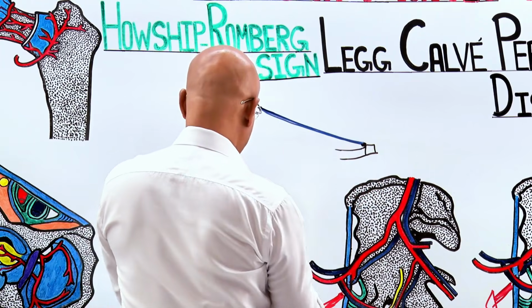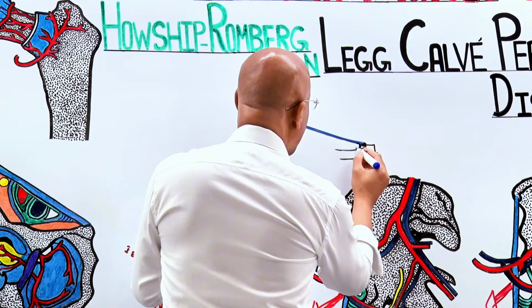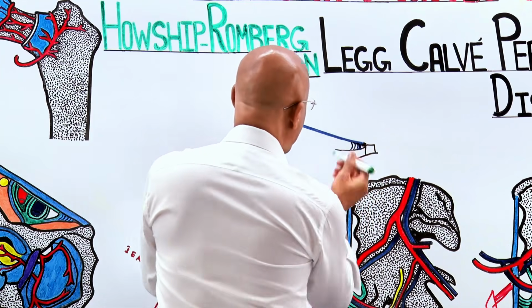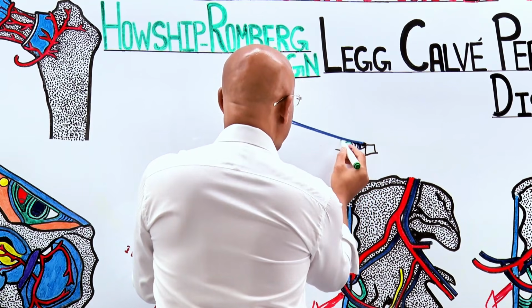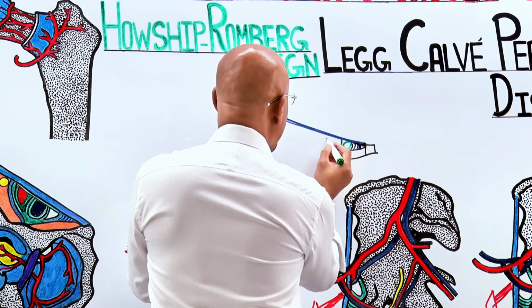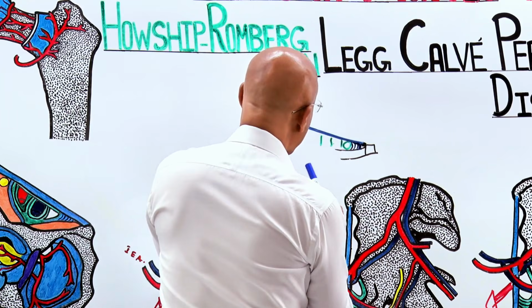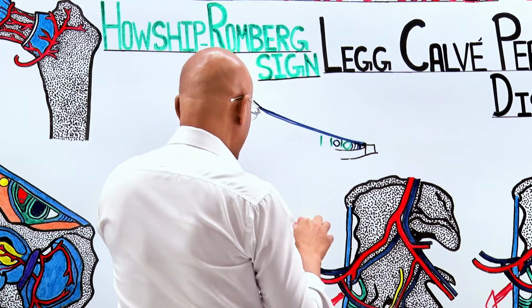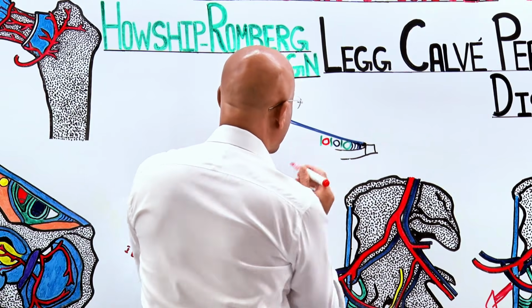Now under the inguinal ligament, here is your, what is it? Lacunar ligament, and here is the femoral canal, and then there is a septum, and there is the femoral vein, and then there is the femoral artery. All these structures are passing from the abdomen to the thigh.